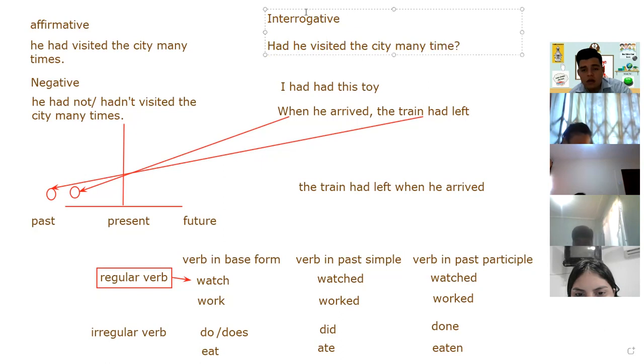Okay. In interrogative form, using a yes/no question, we use had at the beginning, then we use he. As you can see, the subject and the word had change their position. Okay.